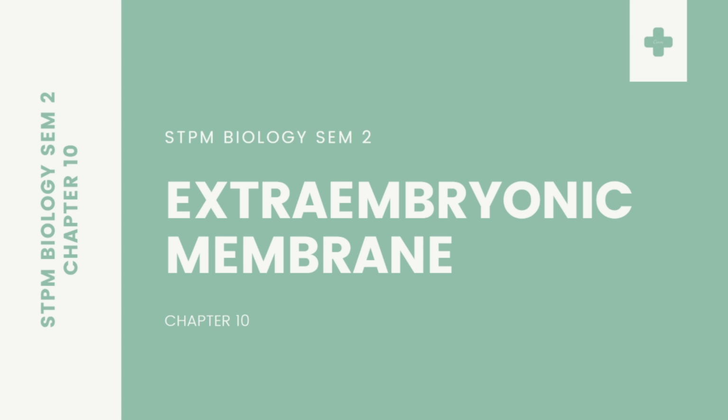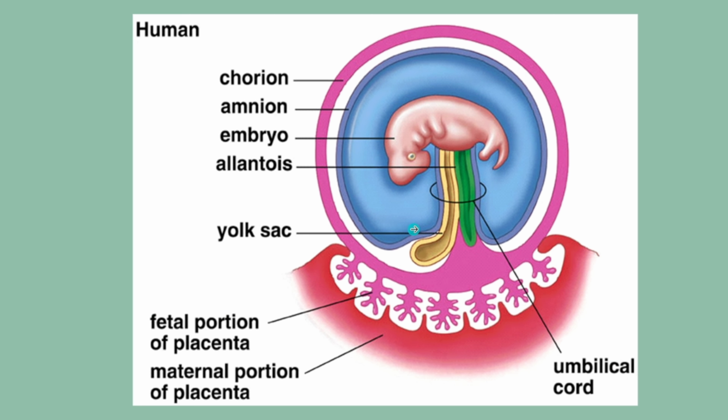Okay, so this is the extra embryonic membrane. There are 4 extra embryonic membranes, as I mentioned during the implantation process, right? They are chorion, amnion, allantois, and yolk sac. The chorion is the very outer layer, which is the fetal part of the placenta here.